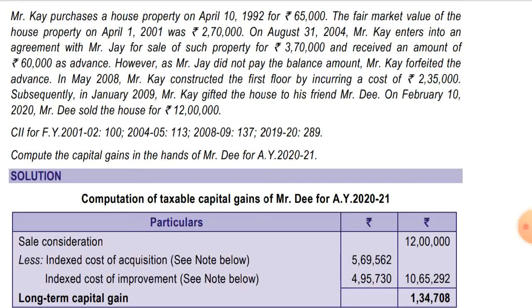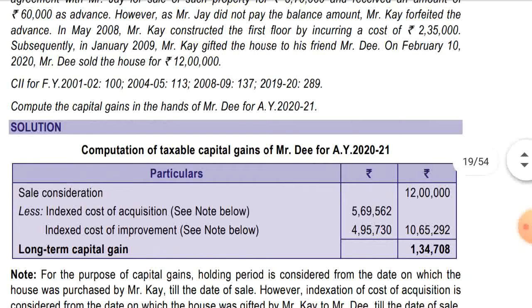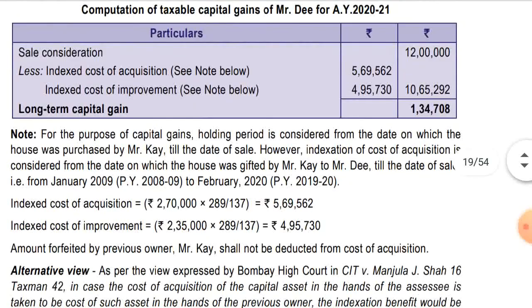Indexation we can take of 100 as well. We can solve it that way also. They are taking 2,70,000, cost of the previous owner, fair market value on 1st April 2001, 2,70,000 into 289, the year of sale, divided by 137. Instead of 137 we can take it 100 as well.